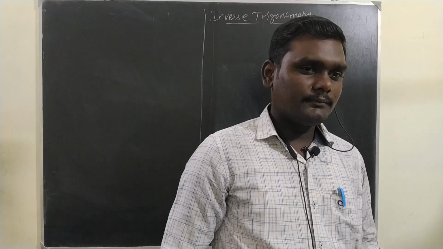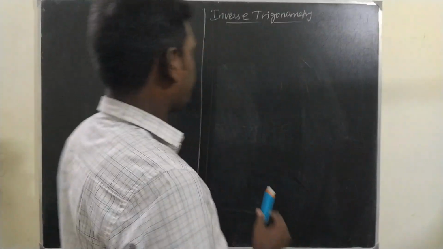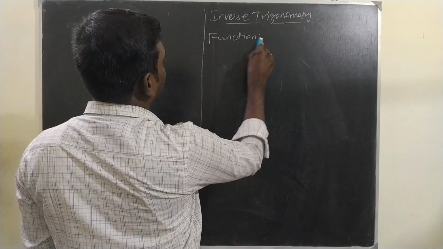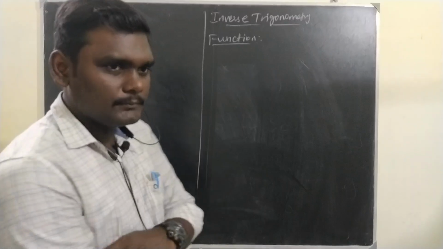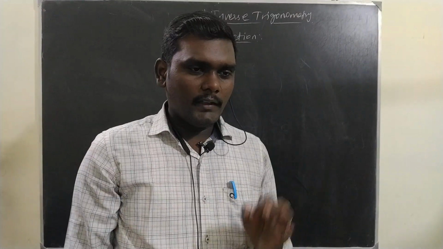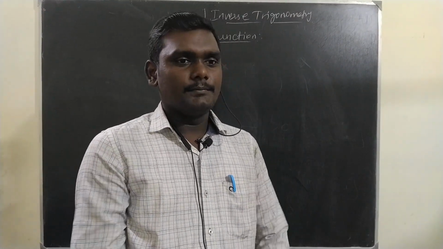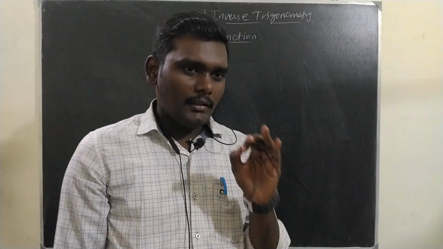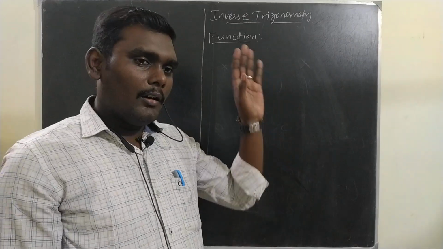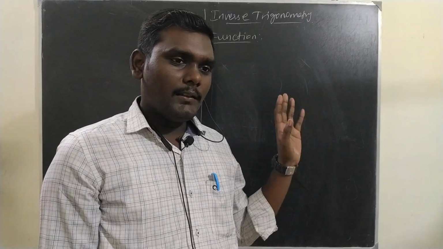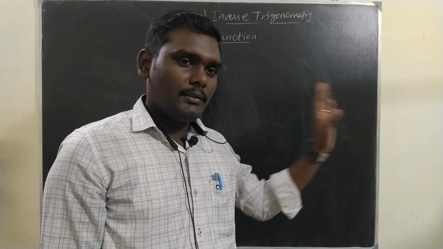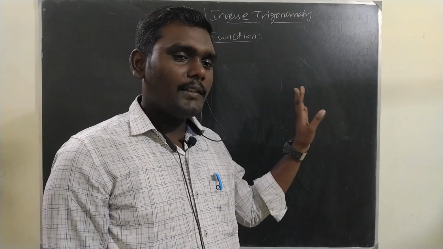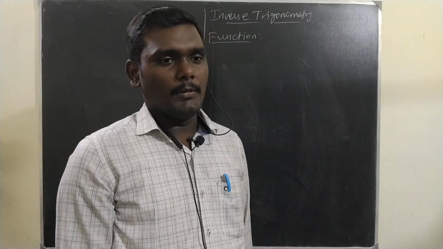What's wrong in it? First of all, what is a function? A function is a relation in which all the elements of the domain are related with a unique element in the codomain.